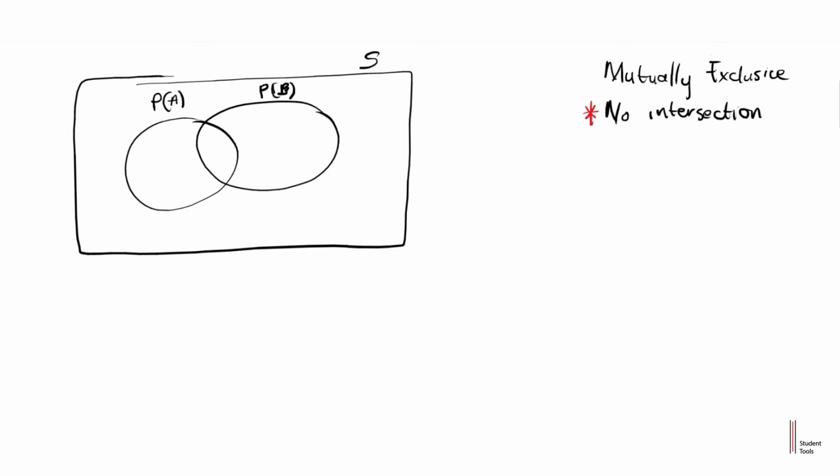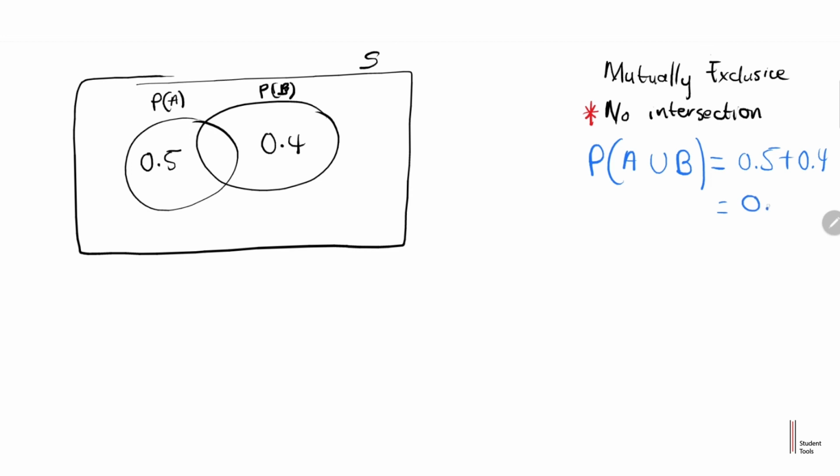All right, so if there is no intersection, that means the probability of A will exactly be 0.5 and the probability of B will exactly be 0.4. So the union of the probability of A and the probability of B will be 0.5 plus 0.4. So that means the probability of A union B will be equal to 0.5 plus 0.4, which is 0.9.